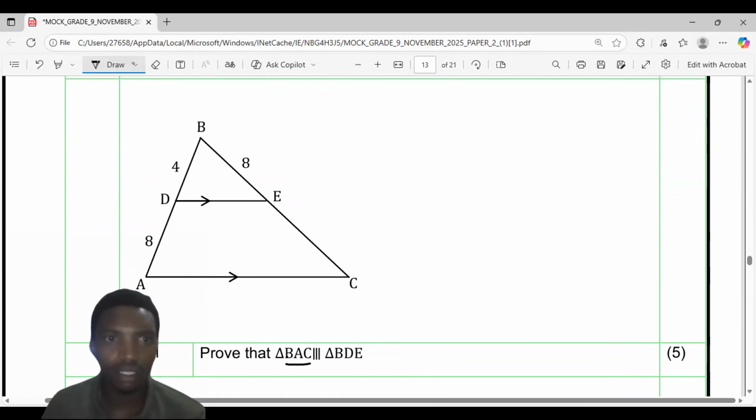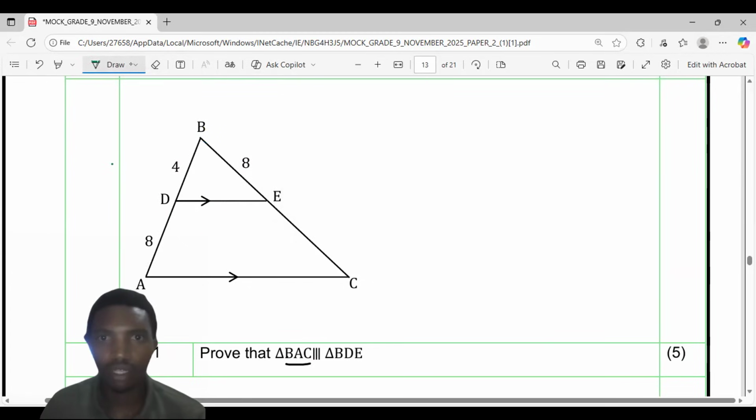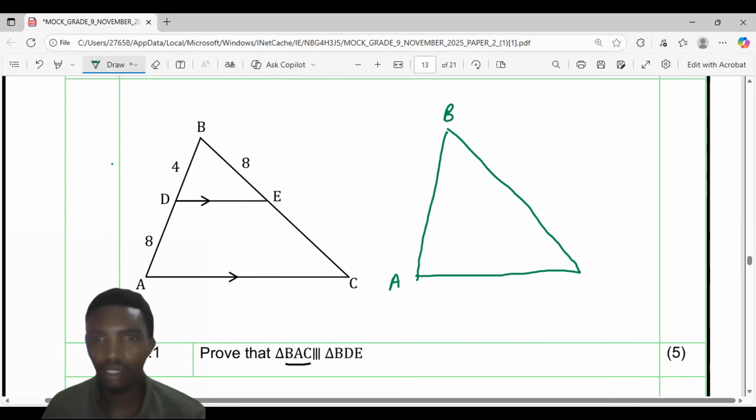Triangle BAC is the big one, that big triangle there. So let me draw it using a different color. This is B, A, C. That is the big triangle BAC.